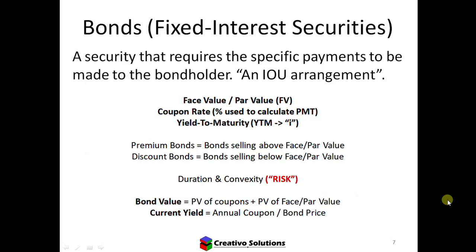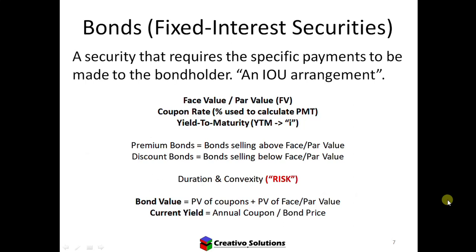And then when looking at bond value, we need to remember that bond value is literally taking all your future payments and discounting them back in time. So if I'm looking at a bond, I'm going to be focusing on those future coupons, or those payments that will be discounted back in time. I'm also going to be looking at that face value, or FV, that I'm going to be discounting back in time.